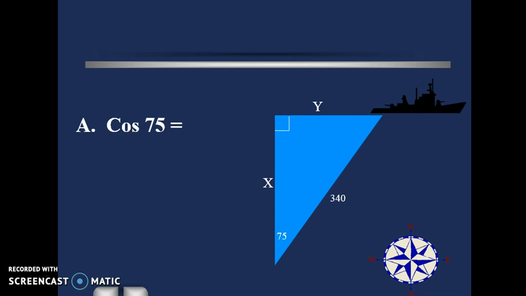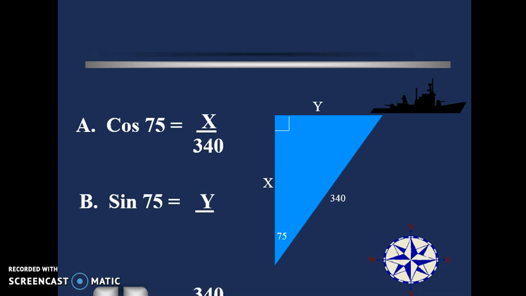In order to answer question A, we're going to be using cosine of 75 in order to find X, since X is the side adjacent to 75 degrees, and 340 is the hypotenuse. Doing the correct calculations, I will leave that for you, my guides, so that you cross-multiply and you get the exact value or the approximate value of X on the calculator.